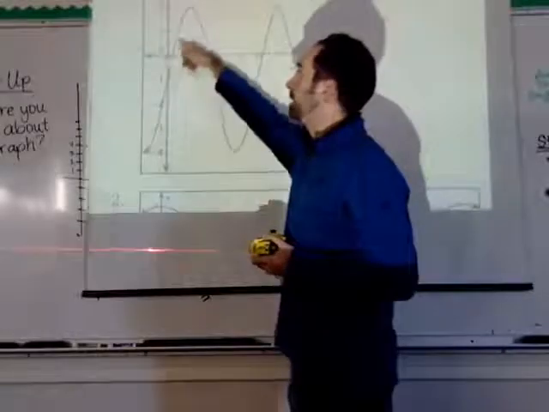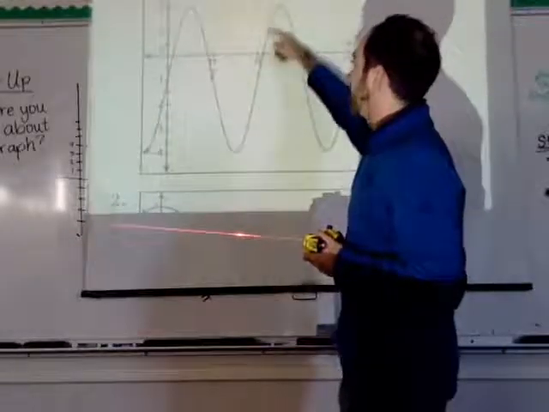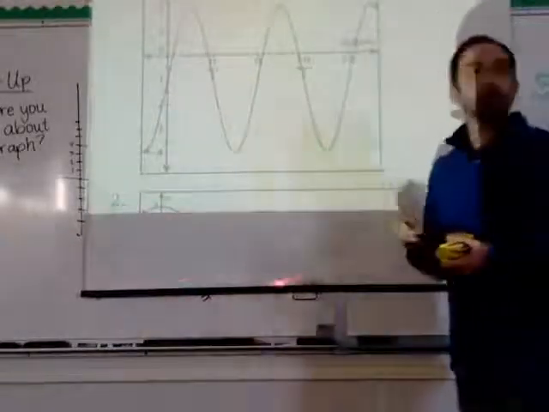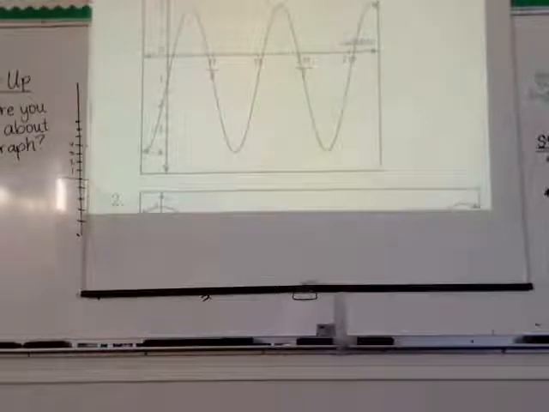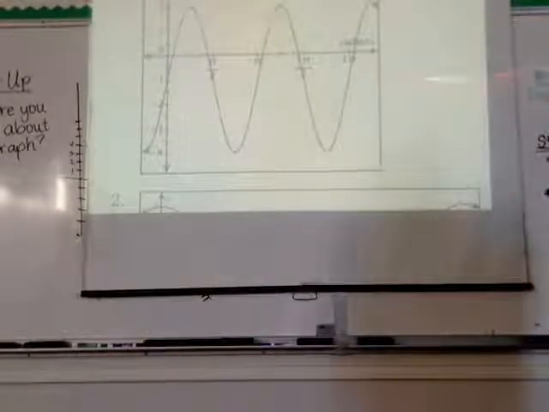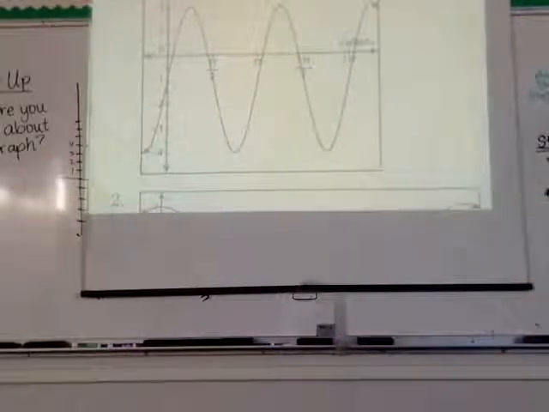So if we're starting at -1, it goes up through the midline, down to the trough, up, midline, down to the trough. So we're going to say that it does not have a horizontal shift. So there is no value within the parentheses here. It's just x. It's not x minus anything. It's x minus 0. There's no horizontal shift, because at our midline, the curve starts just like a regular sine curve. We're going to assume they're all sine curves. All right. That's what the lesson is.